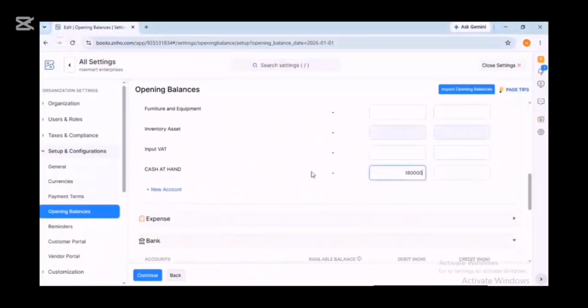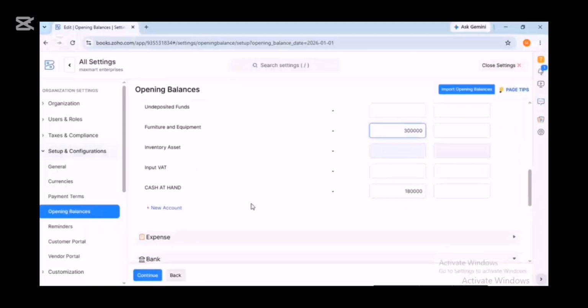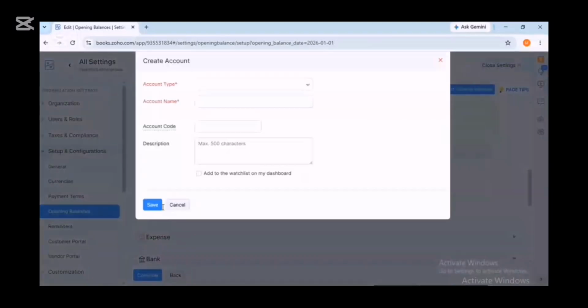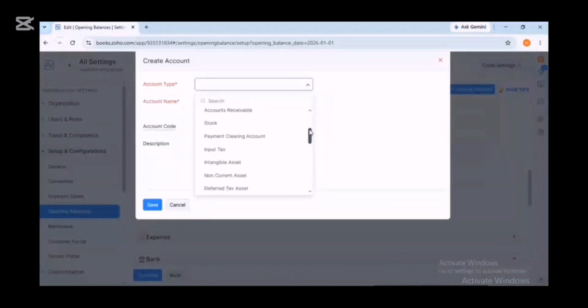So let's go to assets, select. So I think we have furniture here, so no need of opening it. Let's input the value 300,000. So there's no computer equipment, so let's build a new chart. Computer equipment definitely is an asset, a fixed asset for the business.